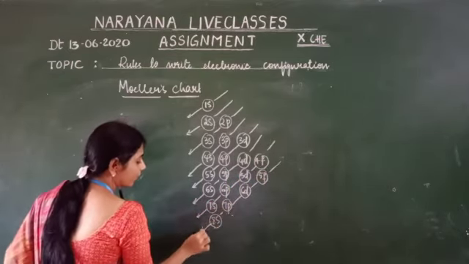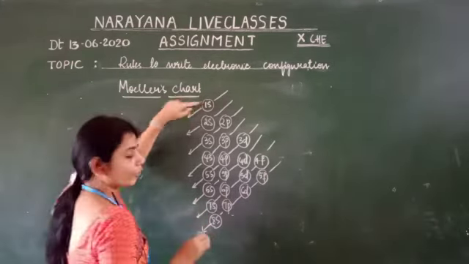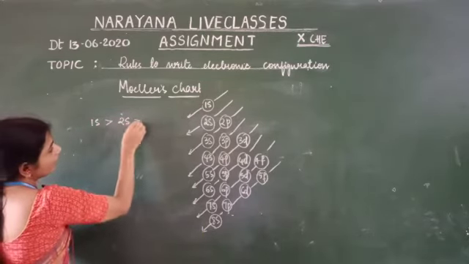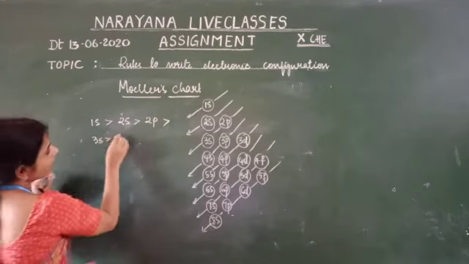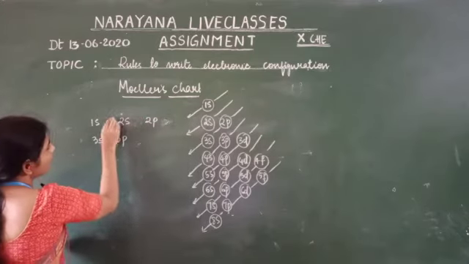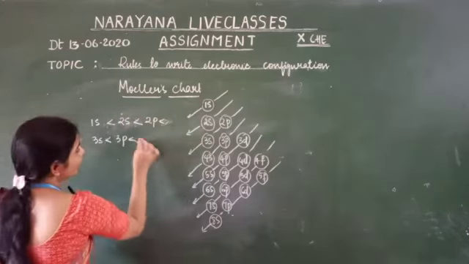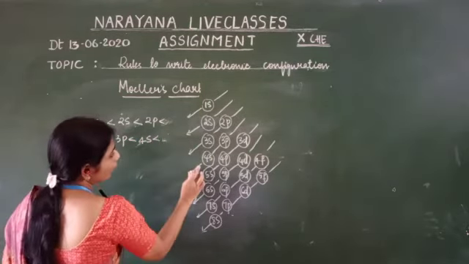So the order is: 1s will have the least energy level. So 1s is lower than 2s, lower than 2p, lower than 3s, lower than 3p. Sorry, it's lower energy. 3p will have less energy than 4s.